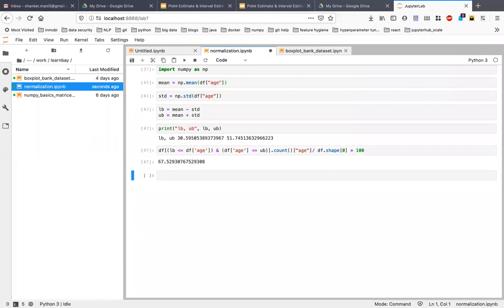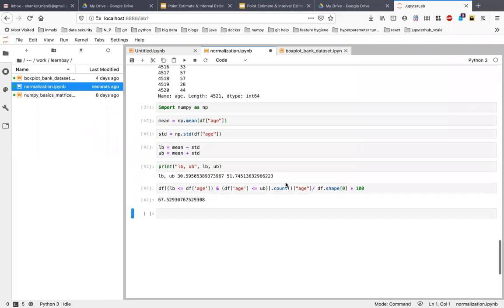Yeah, 67.52 percent. That's the correct answer. Any questions? Anyone has any doubt? Mani, what is this cell number 47 doing? So 47 is figuring out how many values are between the range of 30 and 51.